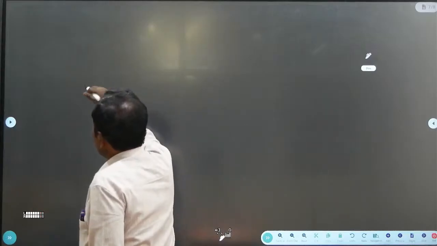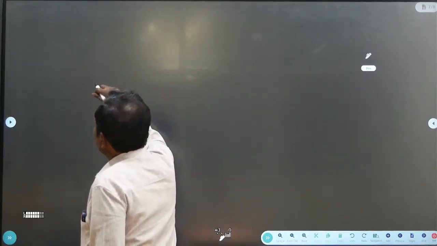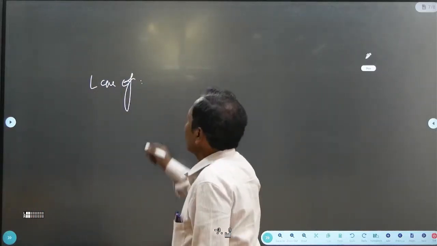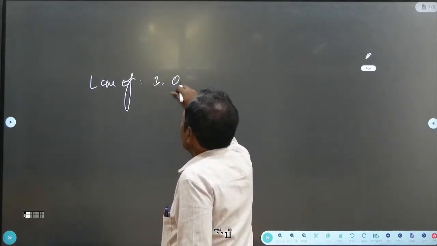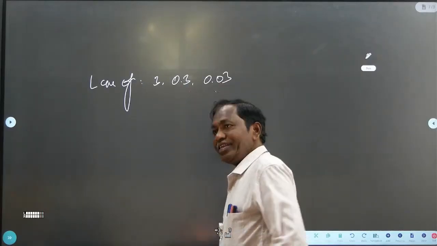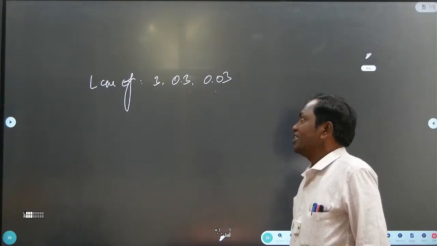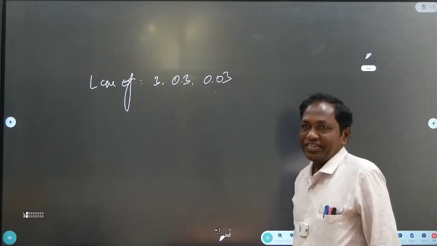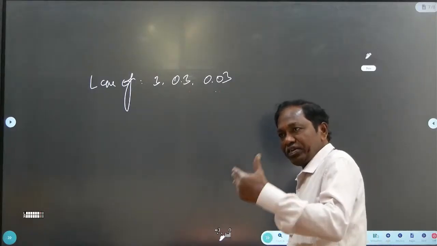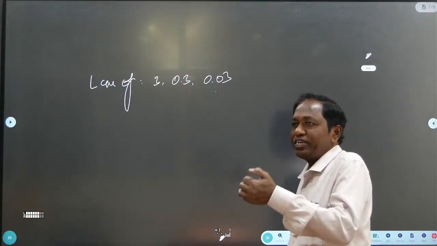Now for example, find the LCM of 3, 0.3, 0.03. Then how do you do that? When decimals are given, LCM is always for natural numbers.